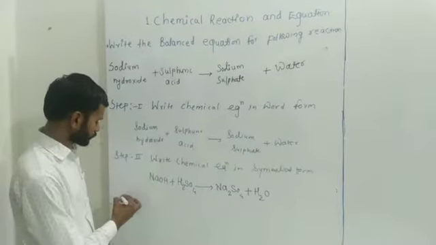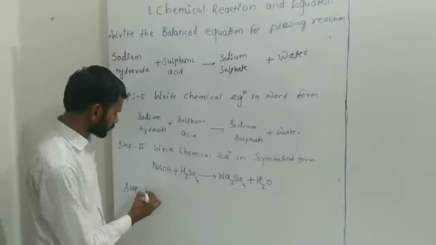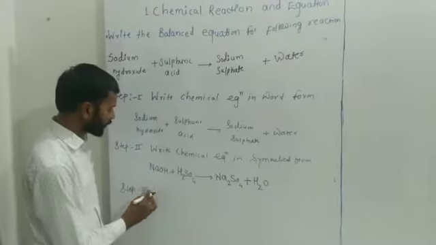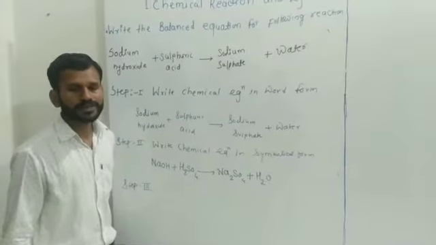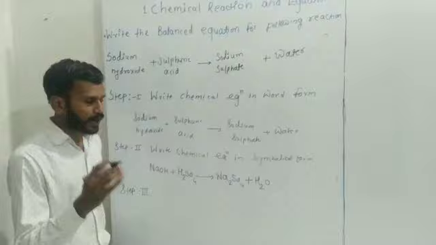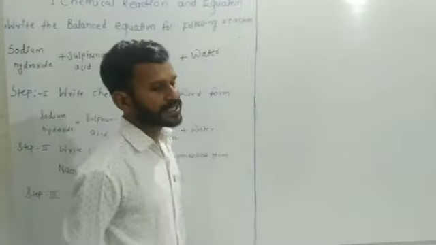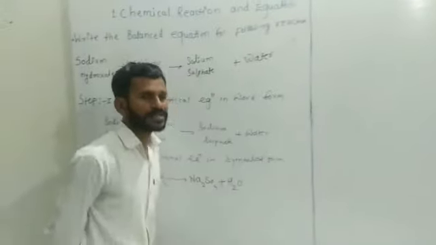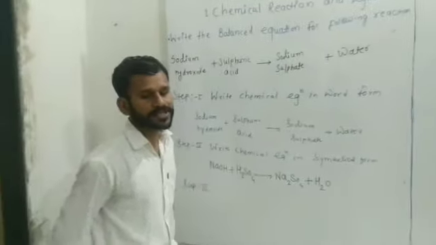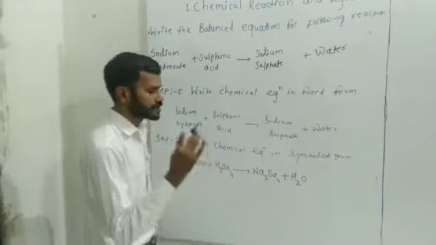After step 2, now we use step 3. Count the number of elements present on the LHS and the RHS, meaning the reactant side and the product side.